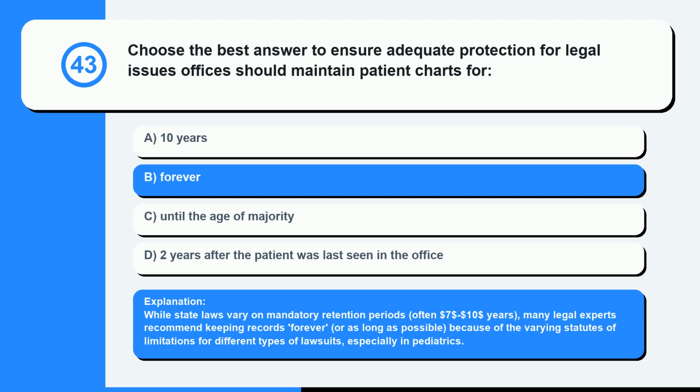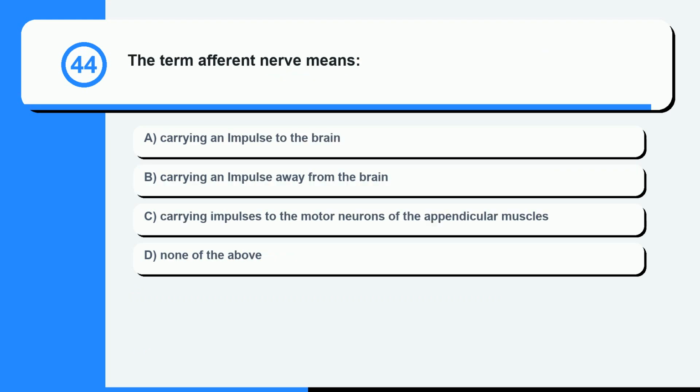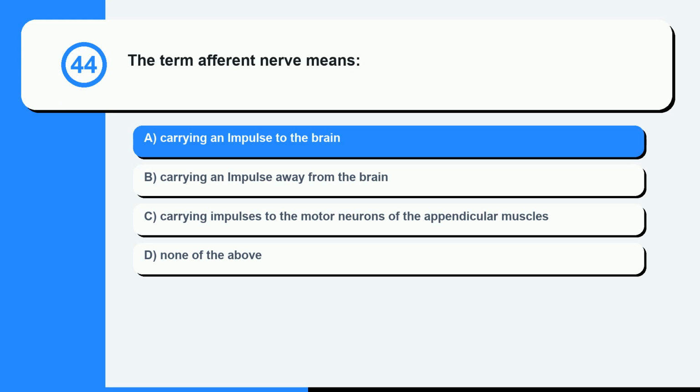Or D. All of the above are legal. The correct answer is B. Not allowing a patient to view her own chart because the physician feels this information would be detrimental to her well-being. While patients generally have a right to their records, HIPAA allows a narrow exception where a physician may withhold information if they believe access is reasonably likely to endanger the life or physical safety of the patient or another person.